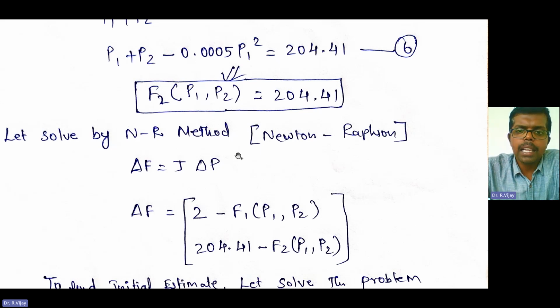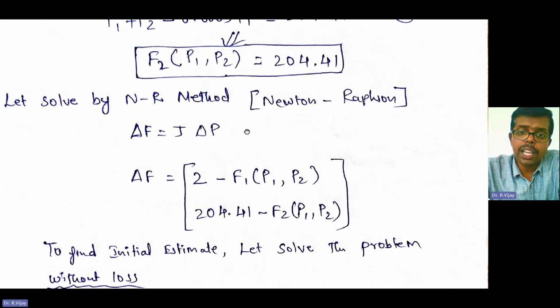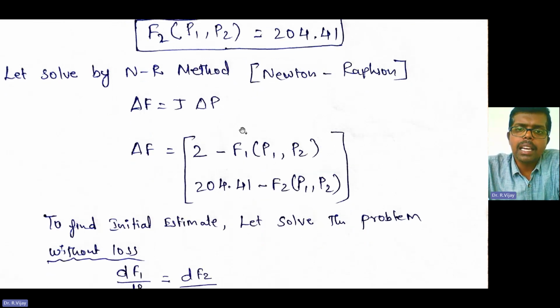But here, for simplification, we are taking the Newton-Raphson method because it is a very accurate method for solving the problem. It takes a little bit of iteration, but it gives the answer very correctly. For reducing the iterations, we go for other optimization techniques. As of now, we are taking the Newton-Raphson method to solve this particular problem.